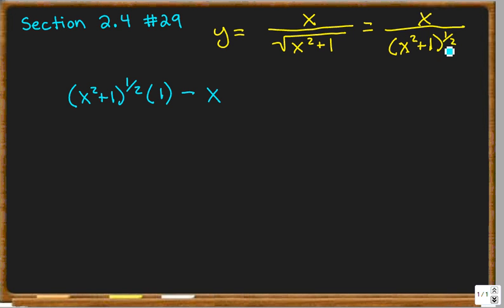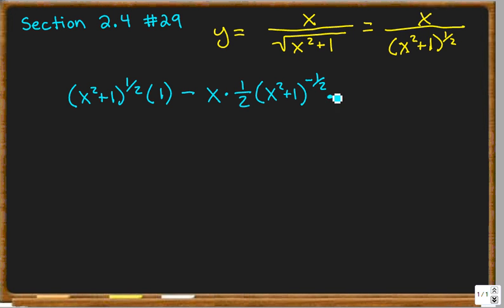For this, we have to use the chain rule. So we take our exponent, 1/2, move that up front, and multiply by the original base with our exponent taken down by 1. So 1/2 minus 1 is going to be negative 1/2.